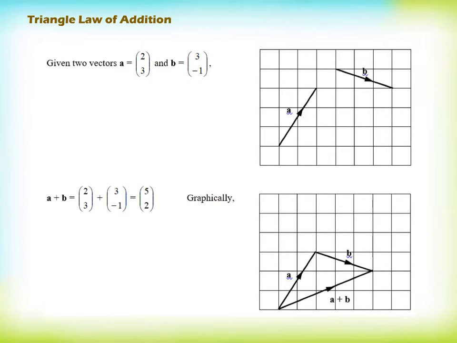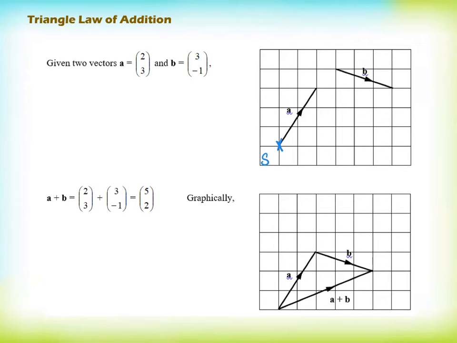Now we're going to learn how to do the drawing of the vectors. Given the two vectors, A is the vector (2, 3), and B is the vector (3, -1). How do I do a vector addition, A plus B? Let me take this picture. A, here is my starting point.